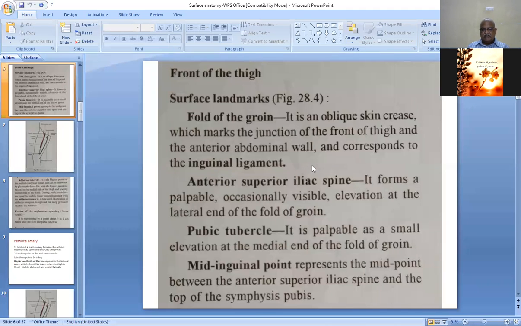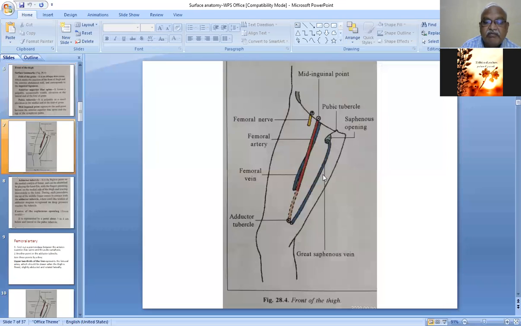You must know the difference, because the inguinal ligament exists between the anterior superior iliac spine laterally and the pubic tubercle medially, whereas the fold of groin extends from the anterior superior iliac spine a little beyond the pubic tubercle, that is the top of the pubic symphysis. That is the distinction you must know here.